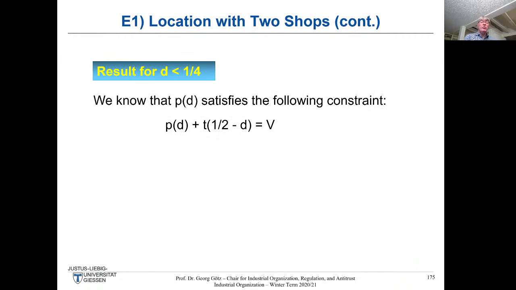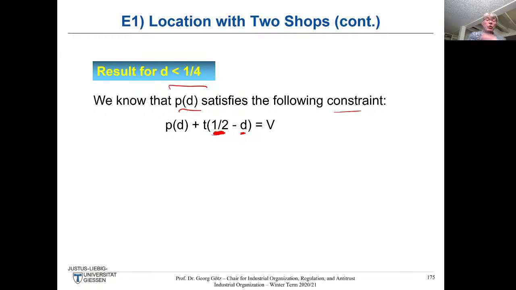So what happens if we have a d smaller than 1/4? We know that this P(d) satisfies the following constraint. Remember that the pivotal consumer, the indifferent consumer, was the one located at the center. Her transport cost or her distance was simply 1/2 minus d, because d was the distance of the shop from the edge.